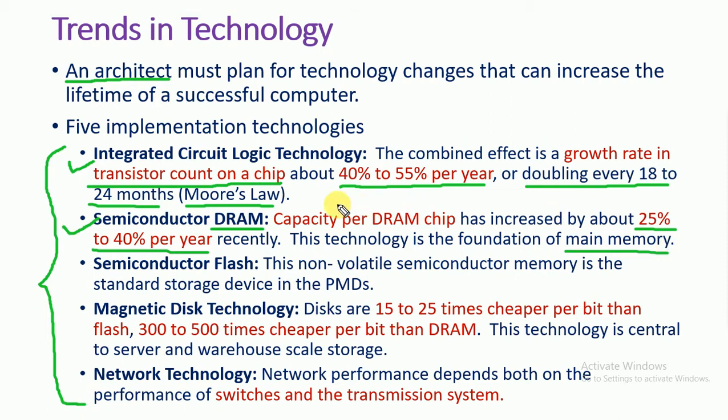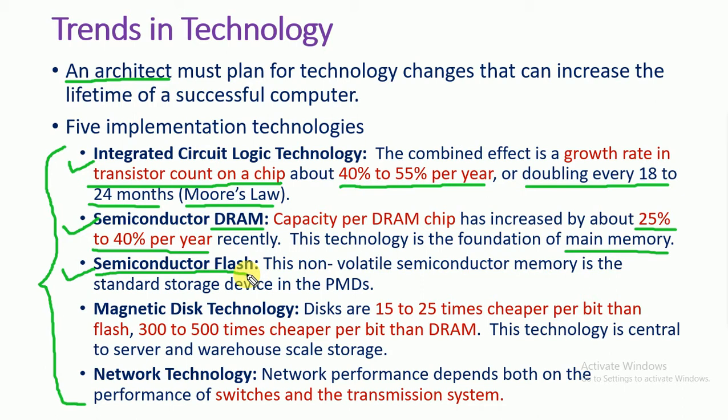Similarly, another technology point to be discussed is the semiconductor flash memory, which is used as the internal memory of our system, or which can also be used as an external memory. For example, a USB pen drive is an example of flash memory, and our mobile phones nowadays consist of internal memory.